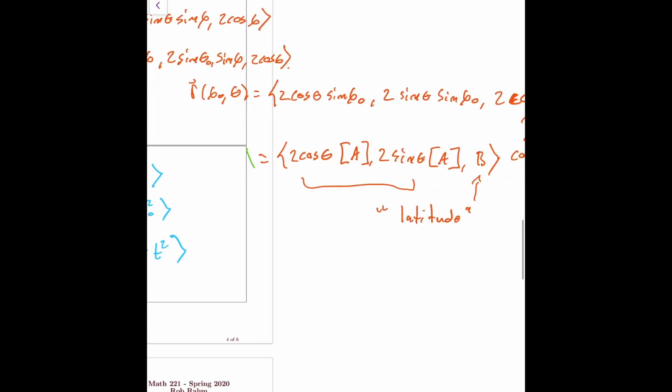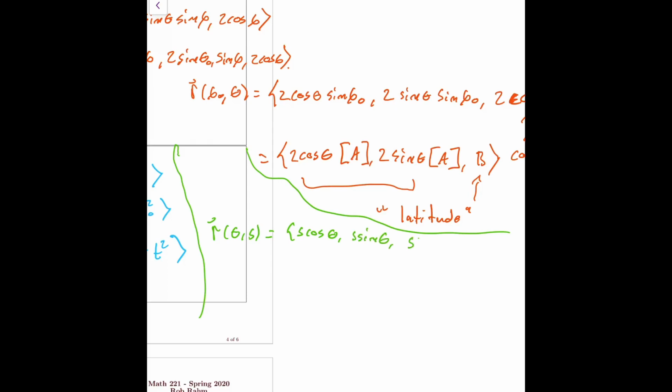But now let's see what happens if we try to find the coordinate curves for cylindrical coordinates. So there we have r of theta, s is equal to (s cosine theta, s sine theta, s squared).